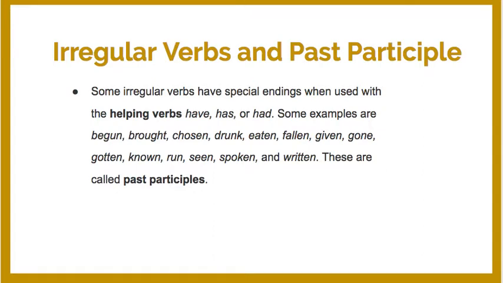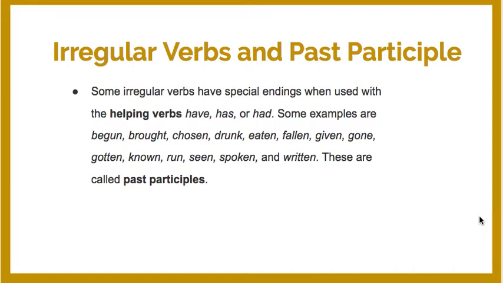So now let's talk about the irregular verb and the past participle. And don't worry about what that really means to you. It just means that we're going to be adding some extra words to that verb to make it make sense in our writing.